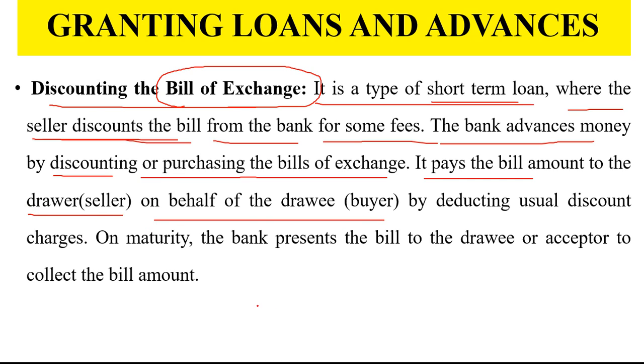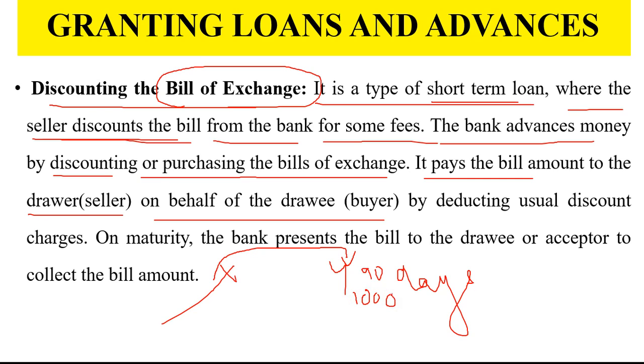Now X is the seller and Y is the buyer. X draws the bill to Y for 90 days, of rupees, suppose 1 lakh rupees.